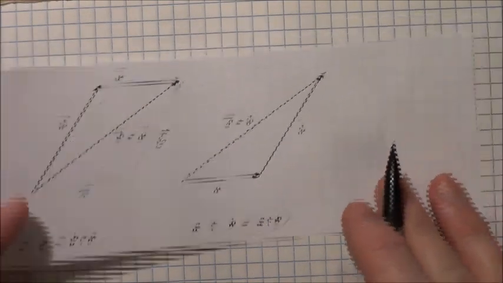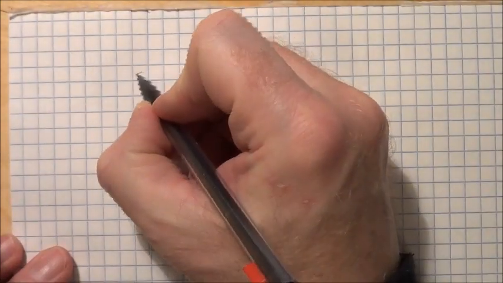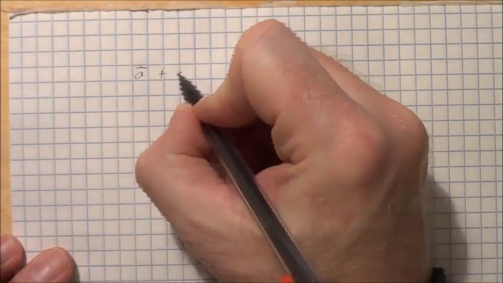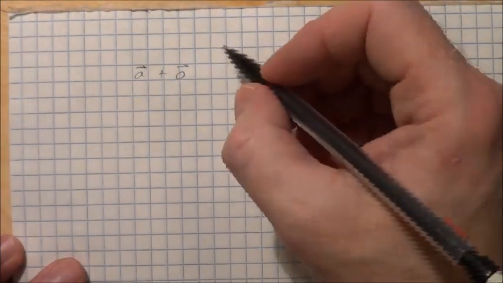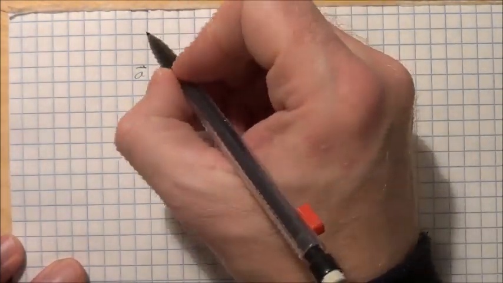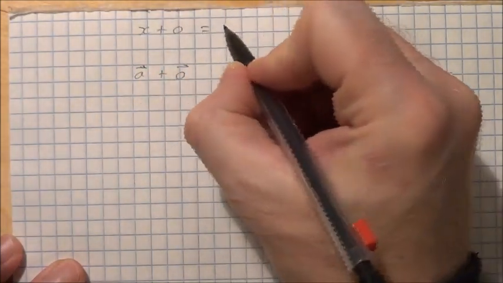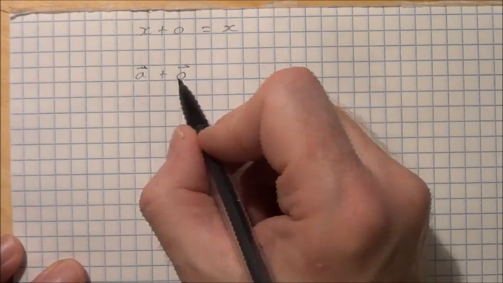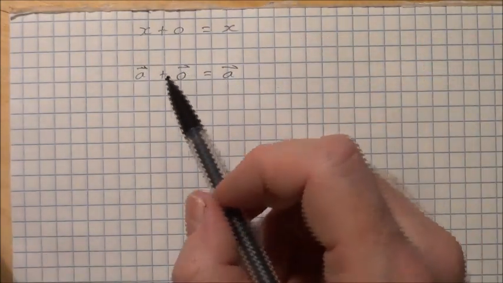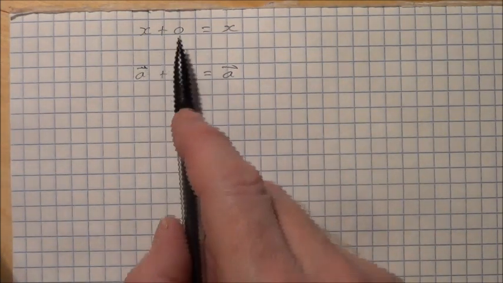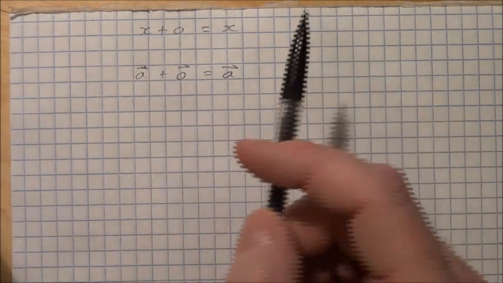There is also what's called a zero vector, and if I had vector A and I add the zero vector, well, it's just like in terms of scalars. If I had some value x plus 0, well, I'm just going to get x. So vector A plus the zero vector is going to give me vector A. We can't add a scalar 0 with a vector because that doesn't make any sense.